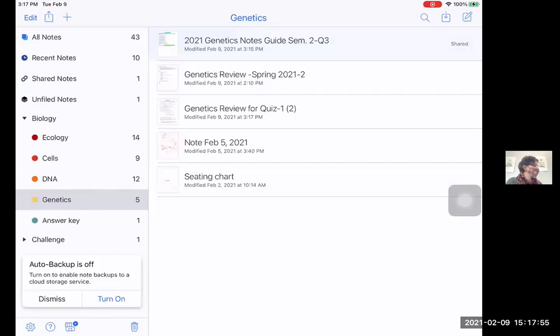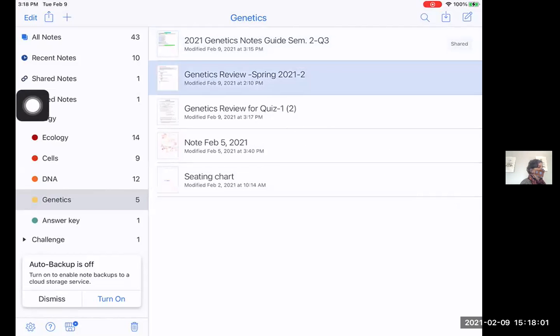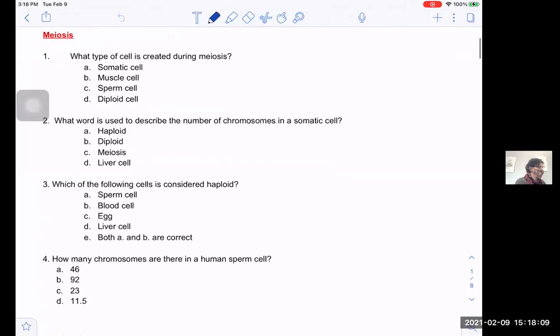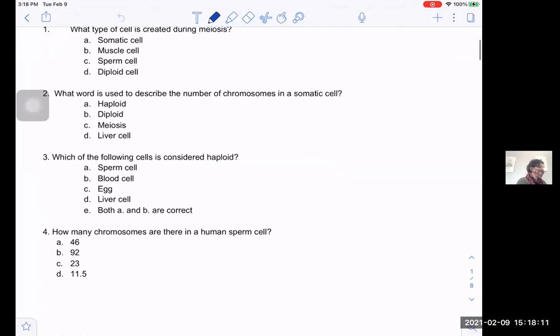If you open up the big one that I just gave you called Genetics Review Spring 2021, it's 8 pages long. It's set up like a multiple choice quiz. Number 3 has a typo. This should be C. Somebody just pointed that out at the end of class last hour.